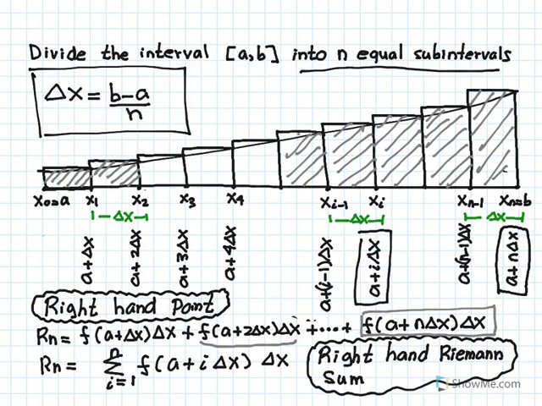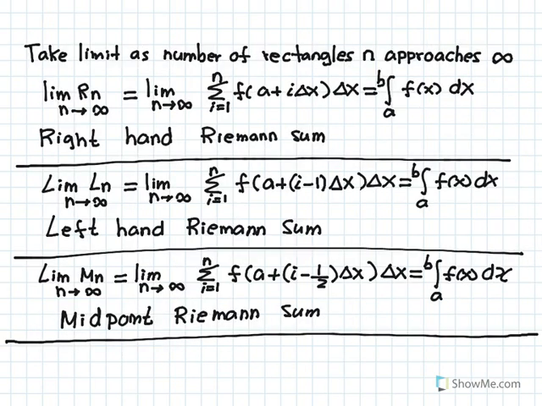So let's just put these in. All right, so this is basically the right-hand Riemann sum. We're also going to look at the left-hand Riemann sum and the midpoint. When you take the limit as the number of rectangles n approaches infinity, the limit of R_n is the limit of the summation of f of (a plus i delta x) times delta x, and that's the definite integral from a to b of f of x dx.